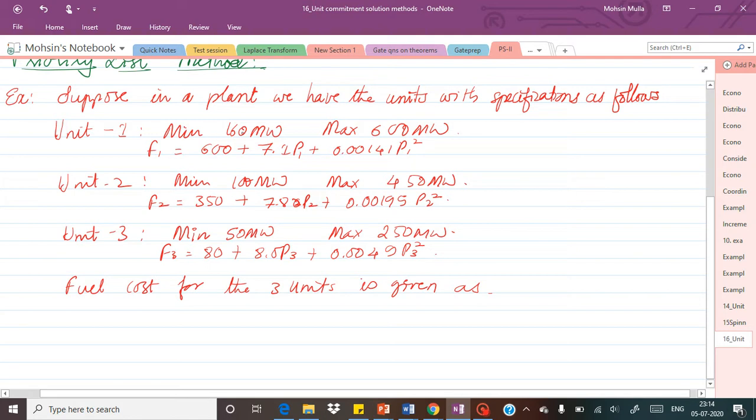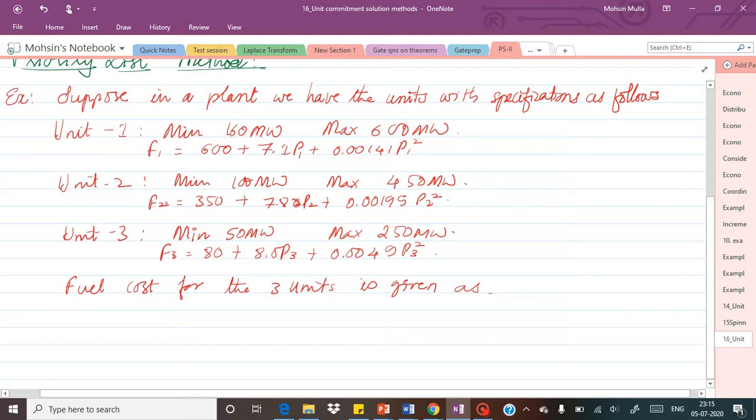The first unit has a minimum of 160 megawatt and a maximum of 600 megawatt, and its fuel consumption equation is 600 plus 7.1 P1 plus 0.00141 P1 square. Unit 2 has a minimum generation of 100 megawatt and a maximum of 450 megawatt.